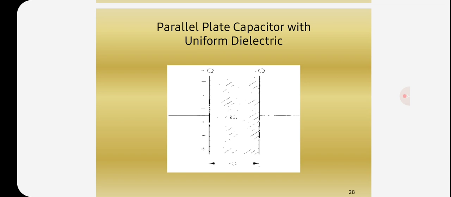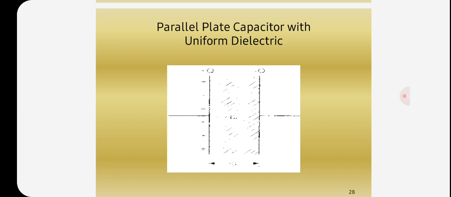Capacitance is the property of a capacitor to store electricity. The charge Q on each plate of a capacitor is directly proportional to the potential difference V between the two plates. So that is, Q is directly proportional to V.